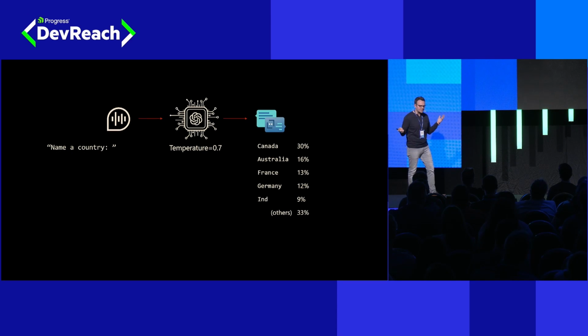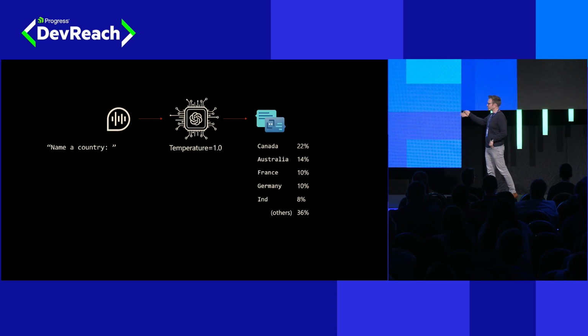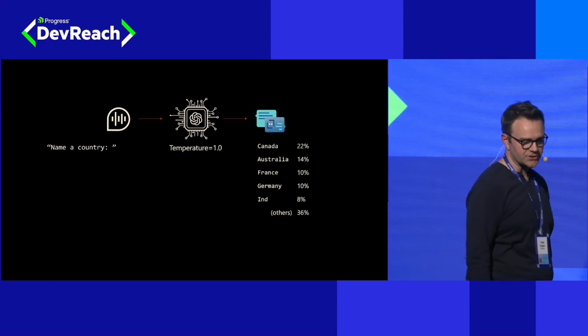Now, temperature can usually be anything from 0 to 1, and that will have an influence on the kind of answers we see. So as an example, if I change this to 1, we can see how my distributions shift here, where now it's a little bit less likely. It's going to be a little more creative in the kind of answer it may give me. I'm far less likely to get Canada and more likely to get one of the other answers when I ask this question.